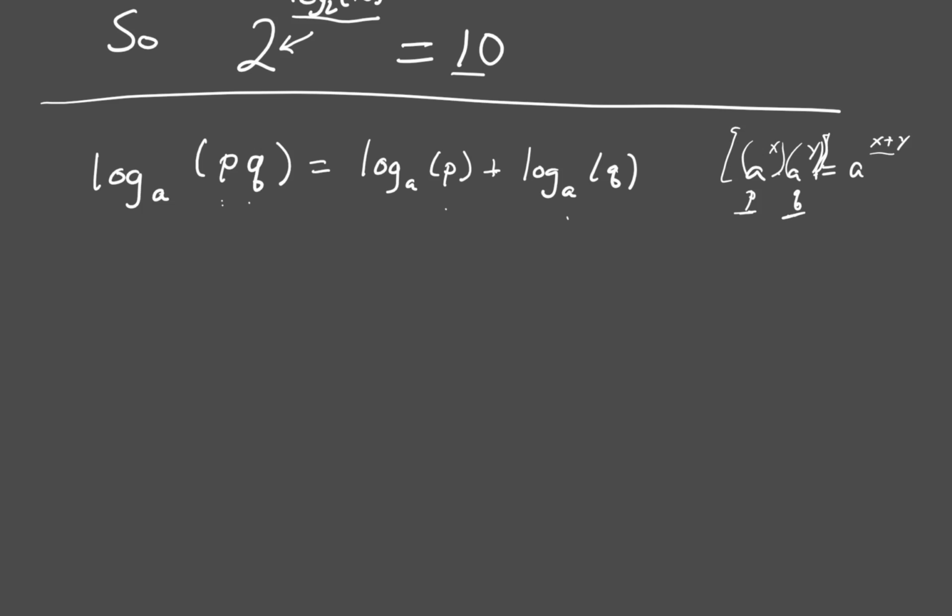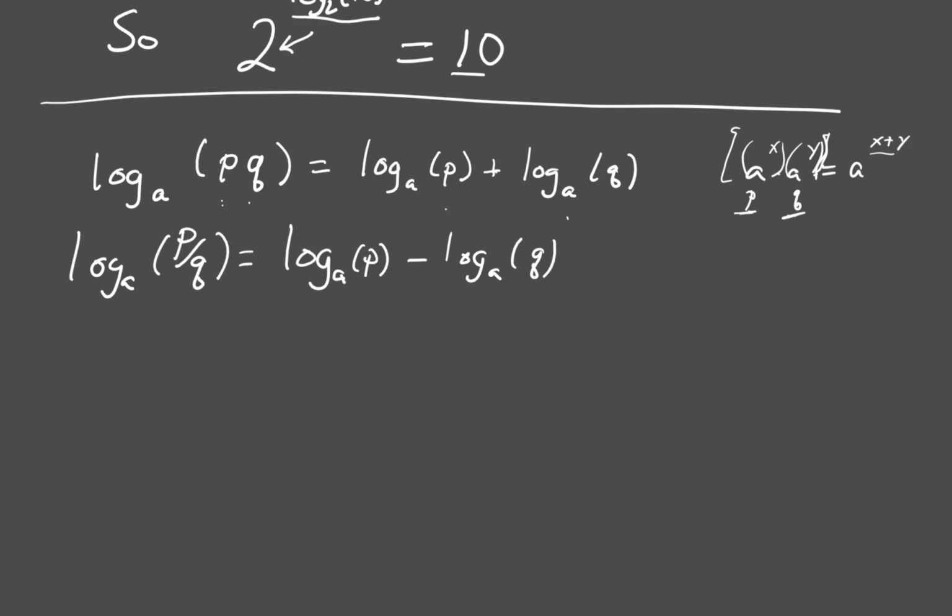That's how that works. And log base a of p over q, we've got the division, and when you have division, the exponents get subtracted, so it's log base a of p minus log base a of q. So division corresponds to subtraction of exponents. We think of logarithms as exponents, so subtracting those logarithms is just like subtracting the exponents.